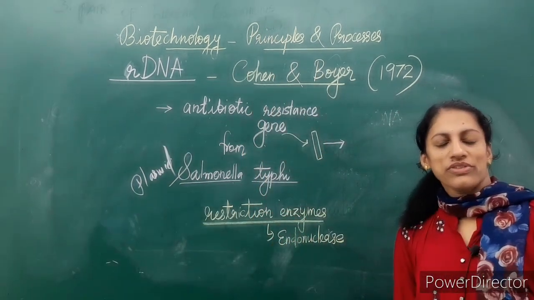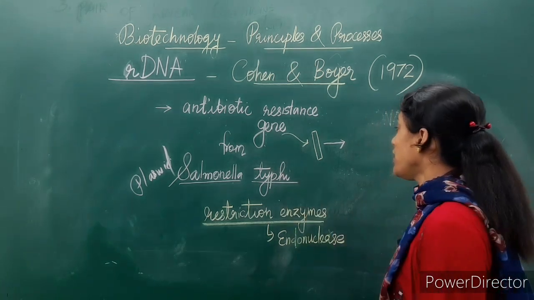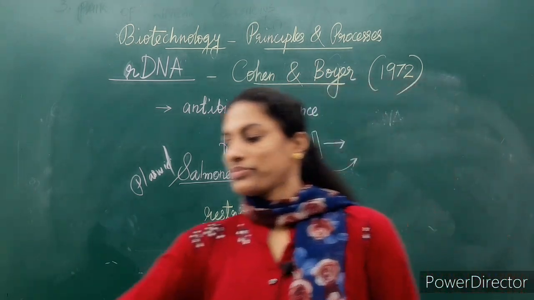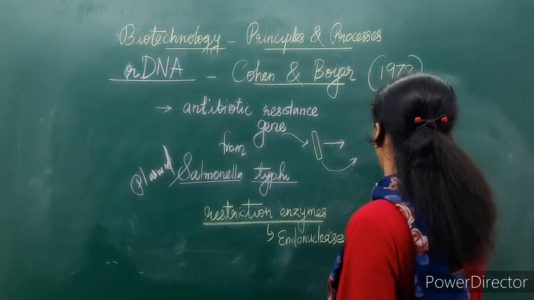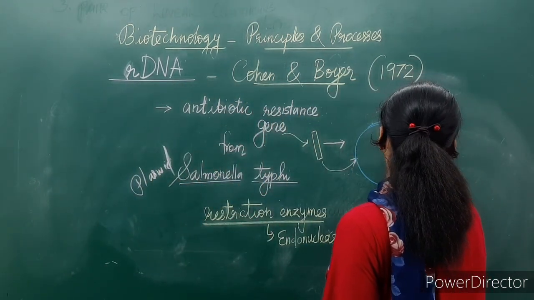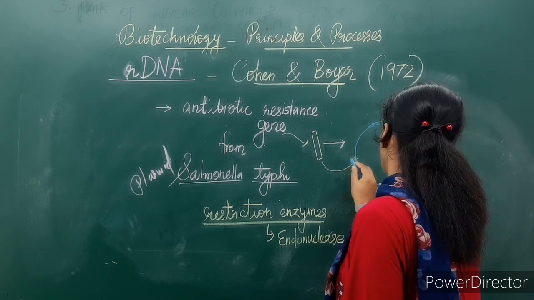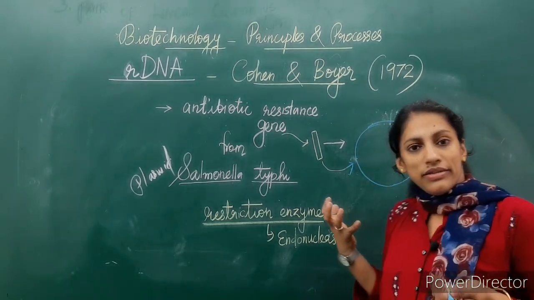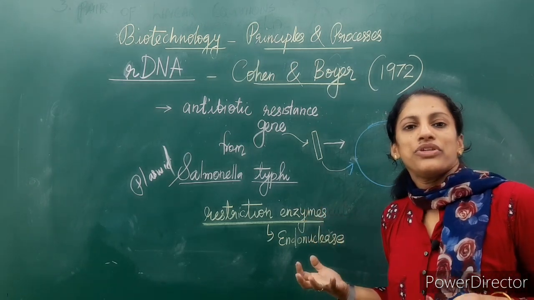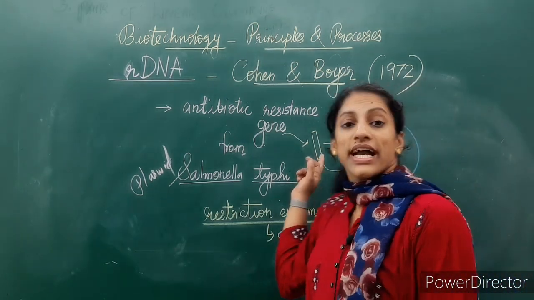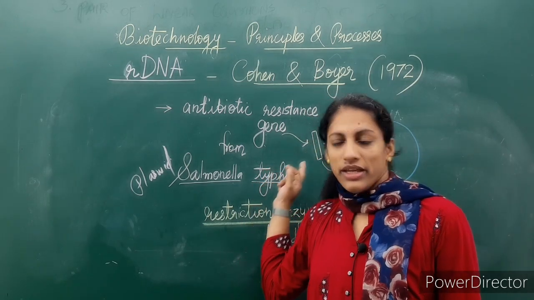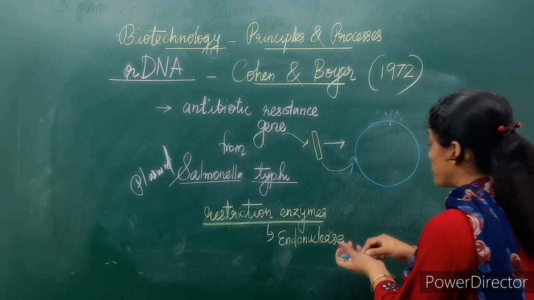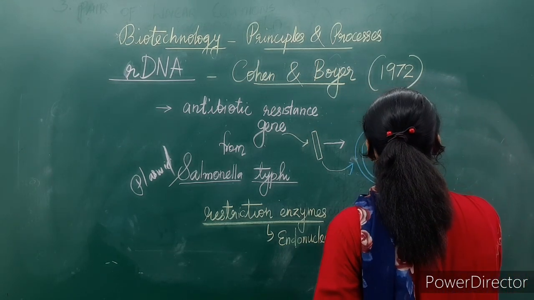Then they introduced this gene into a plasmid. This plasmid is taken separately, and they introduced this cut piece of DNA, the antibiotic resistance gene, into another plasmid.